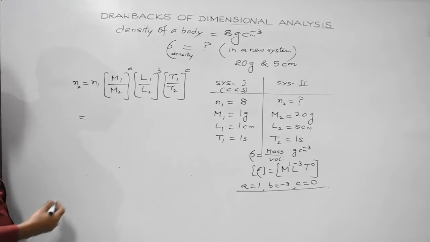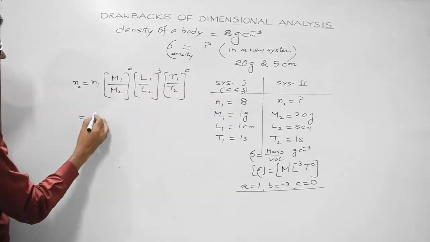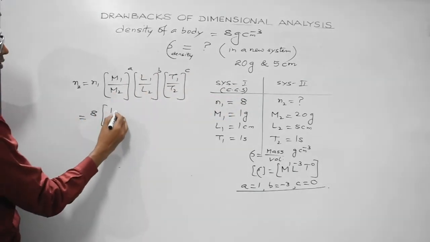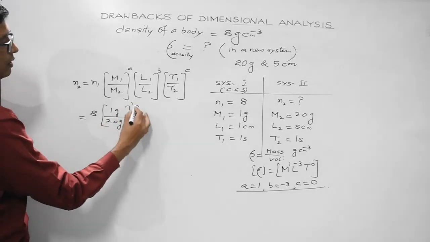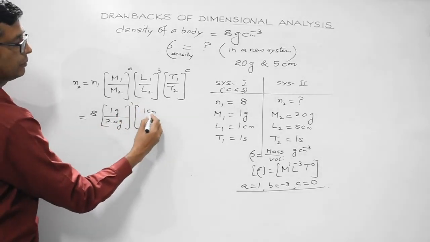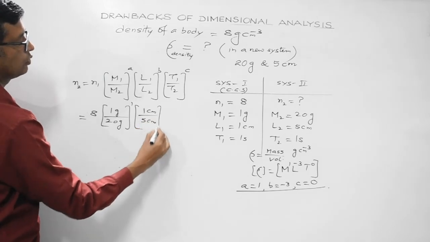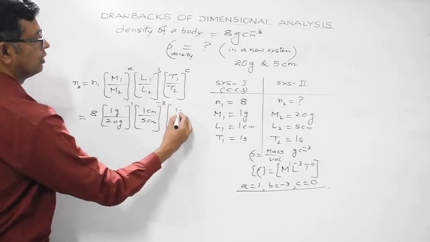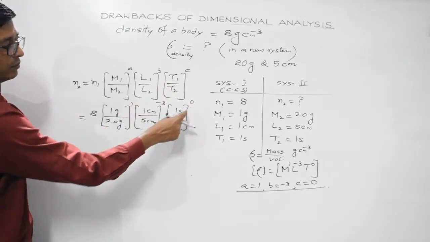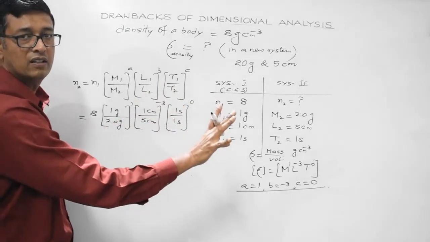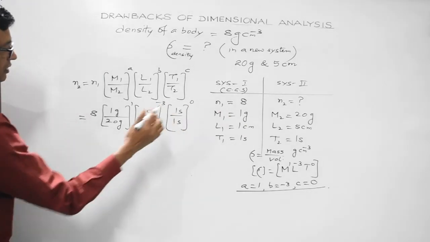Let's substitute the values. N1 is 8. M1 is 1 gram, M2 is 20 gram, to the power 1. L1 is 1 centimeter, L2 is 5 centimeter, to the power minus 3, and time to the power 0. Now look, it is independent of time. So anything to the power 0 is 1, right? You need not write this even.